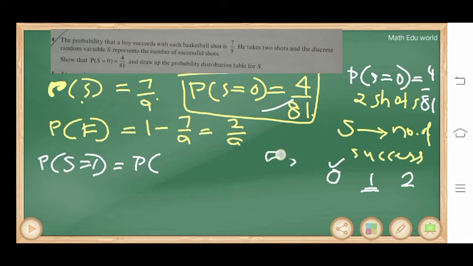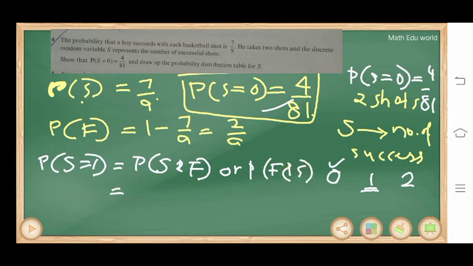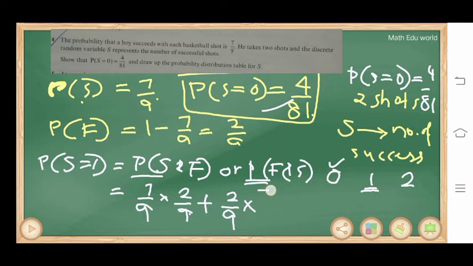So in both cases you have to think of probability of success and failure, or probability of failure and success, which is equal to probability of success 7 by 9 times probability of failure 2 by 9, or probability of failure 2 by 9 times probability of success 7 by 9.